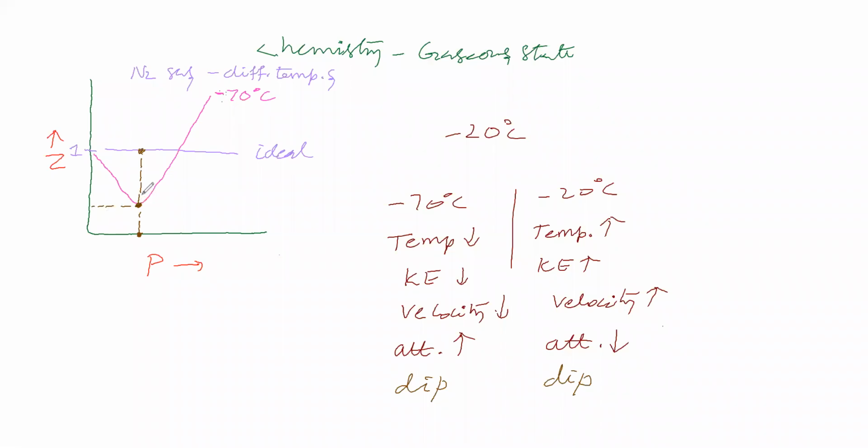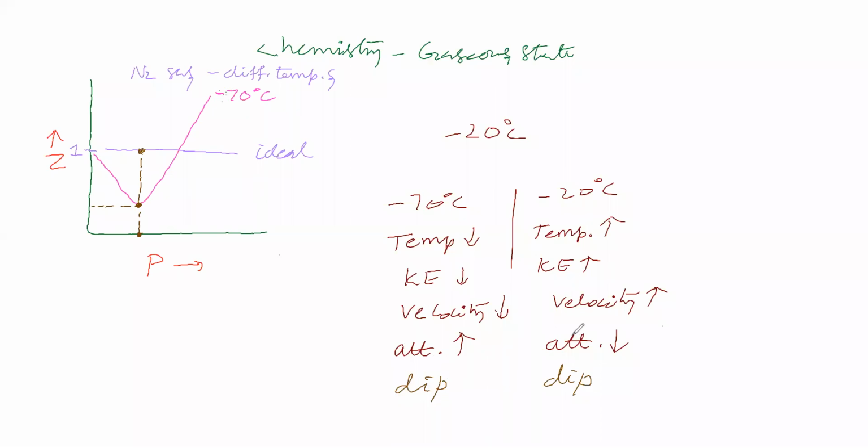So this dip of the curve, with respect to Z equal to 1, says the magnitude of maximum attractive force, that is, the maximum attractive force possible in the gas at a given temperature.